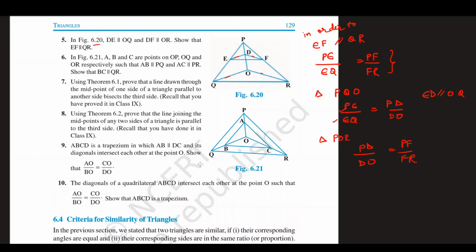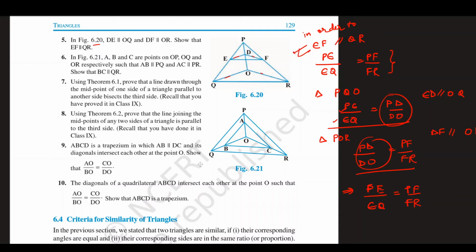Why? Because DF is parallel to OR. So from this equation and this equation, these two are common. This implies that PE upon EQ is equal to PF upon FR. Hence, we got the result.